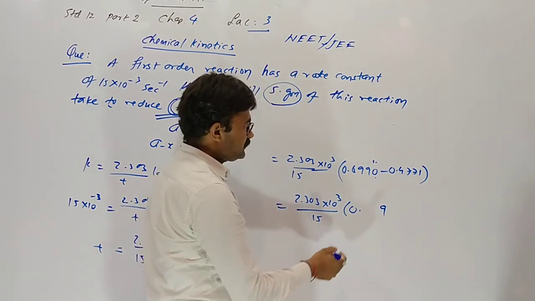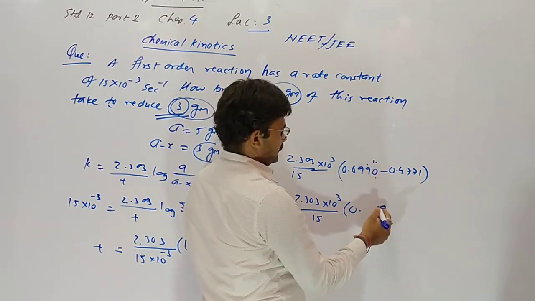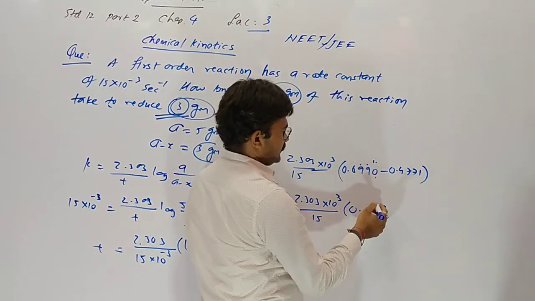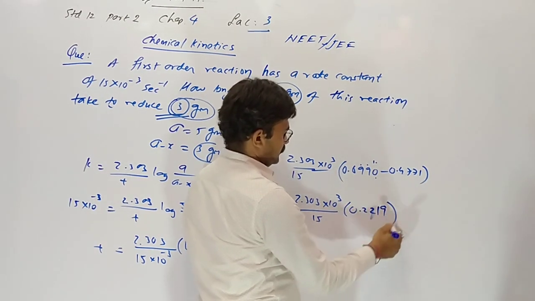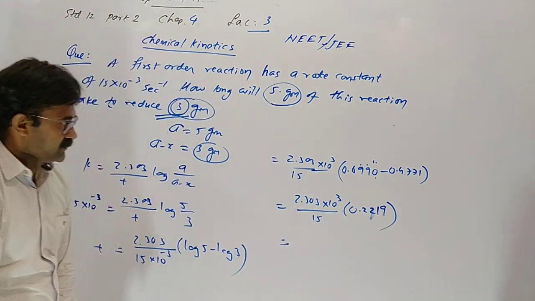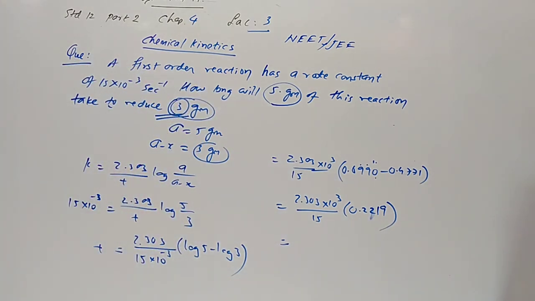So the difference comes 0.2219. Now multiplication and division of this calculation comes 34.07 second.